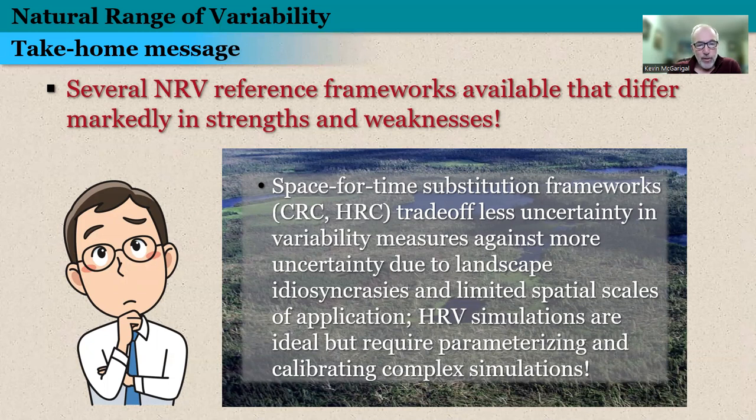It's important to remember that space for time substitution frameworks, such as the CRC and HRC approach, trade off less uncertainty in the detailed and specific measured characteristics of the vegetation with variability measures against more uncertainty due to landscape idiosyncrasies, because they're unable to control for them, and the limited spatial scales of application, because they're generally limited to relatively fine or local scales.